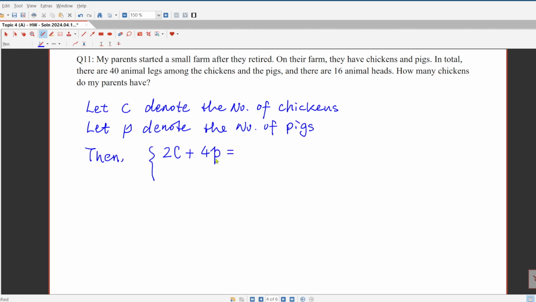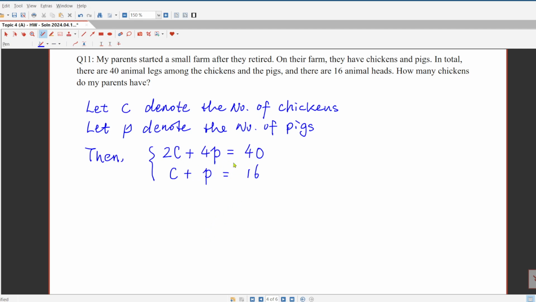This is the total number of legs, which equals 40. And total number of heads is C plus P. Suppose each of the chickens and pigs is normal, so each of them has 1 head only, right? So C plus P gives you the total number of heads, which is 16.